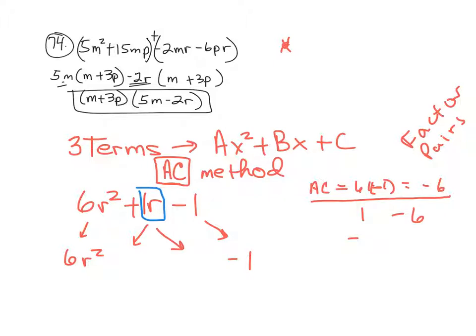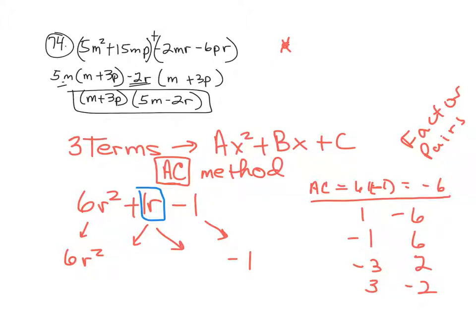Or -1 times 6 would be -6. Can you think of any other factor pairs of -6? Okay, -3 times 2 would give me -6, so wouldn't that mean that 3 times -2 would also give you -6? Yep. And that's all of them, isn't it? There are no other pairs that multiply together to -6.